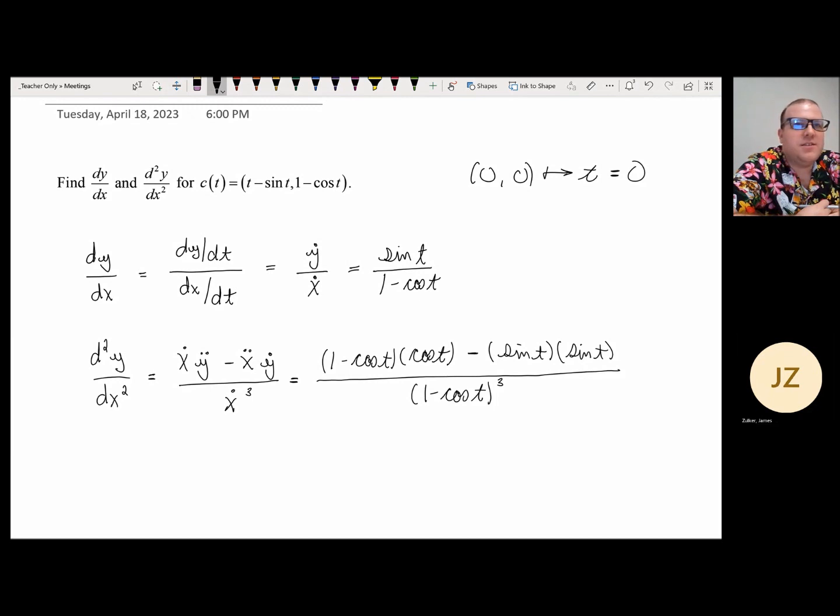And all over 1 minus cosine t cubed, right? x dot cubed. Simplify that.